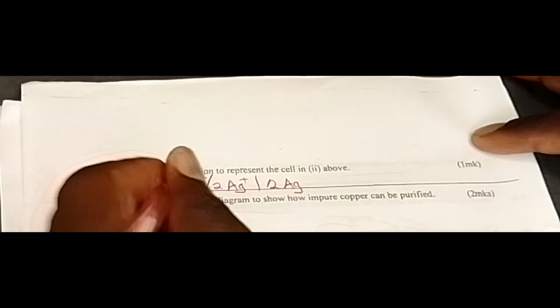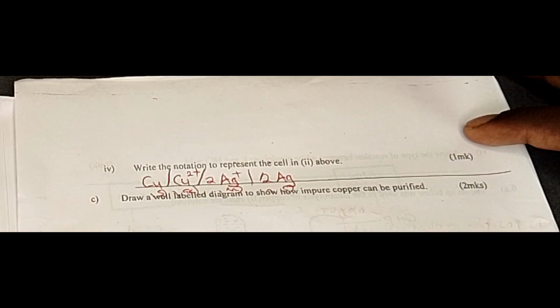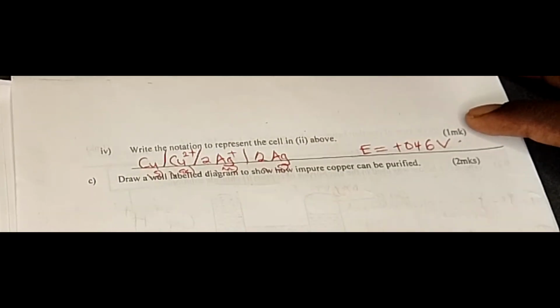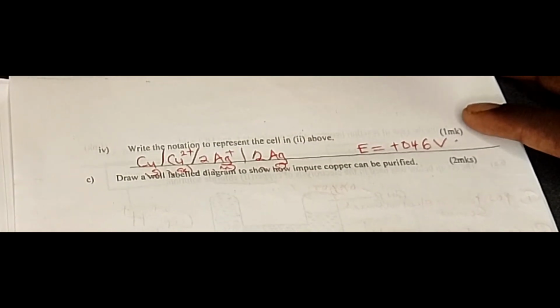So you have to write the state symbols. This is solid, aqueous, aqueous, solid, and then you have now to write the EMF of that one. E equals positive 0.46 volts. That one you could have written as the cell notation.